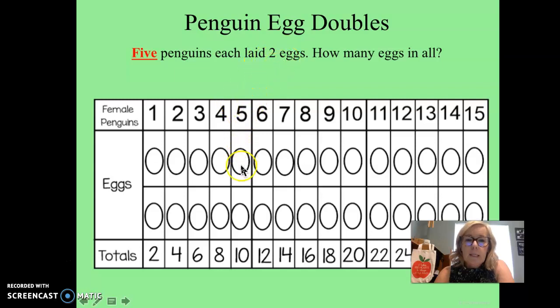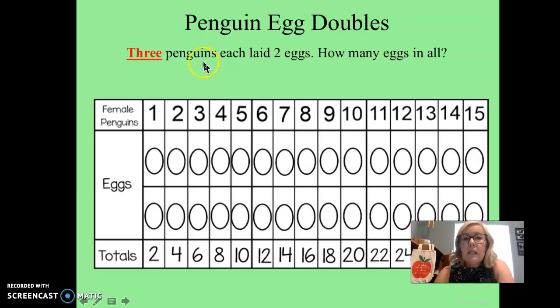How many eggs in all? 5 plus 5 equals 10. 3 penguins, again we're looking at the top because we're talking about penguins, each laid 2 eggs. 3 penguins each laid 2 eggs for a total of 6 eggs. 3 plus 3 equals 6.